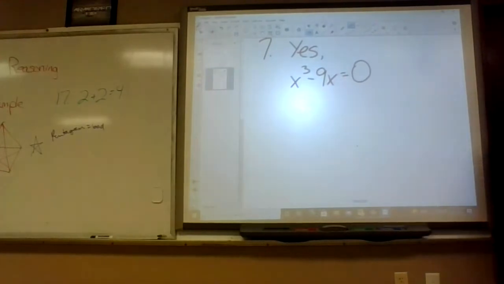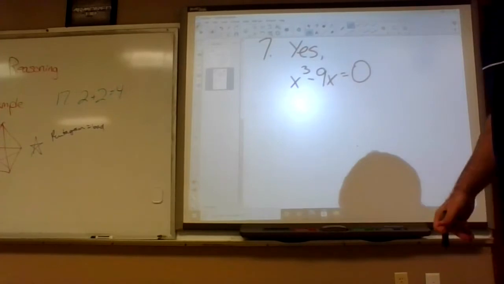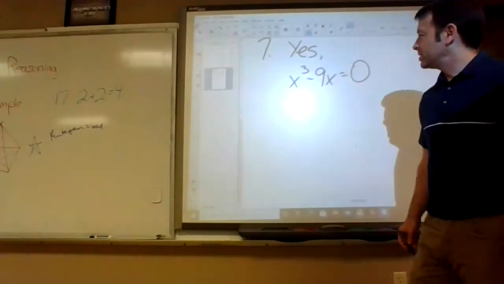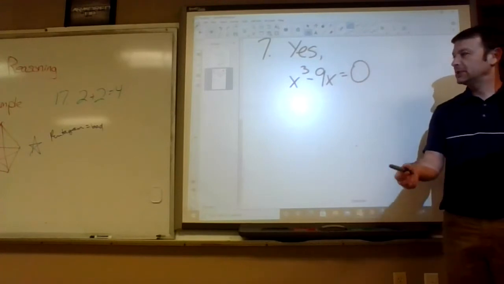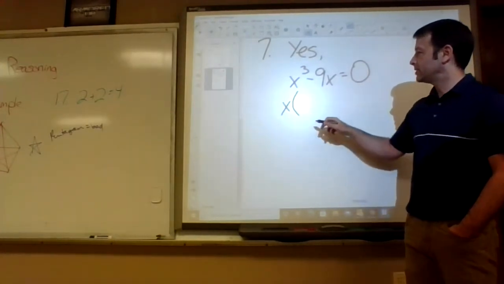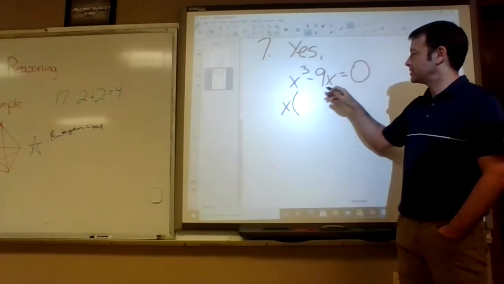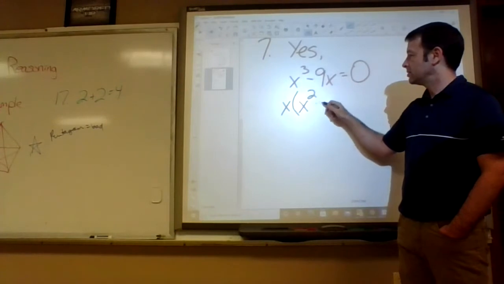This is not a quadratic equation. So what can I do to solve that? Take an x out. That's the kind of factoring. X times what equals this? So just divide those by x.